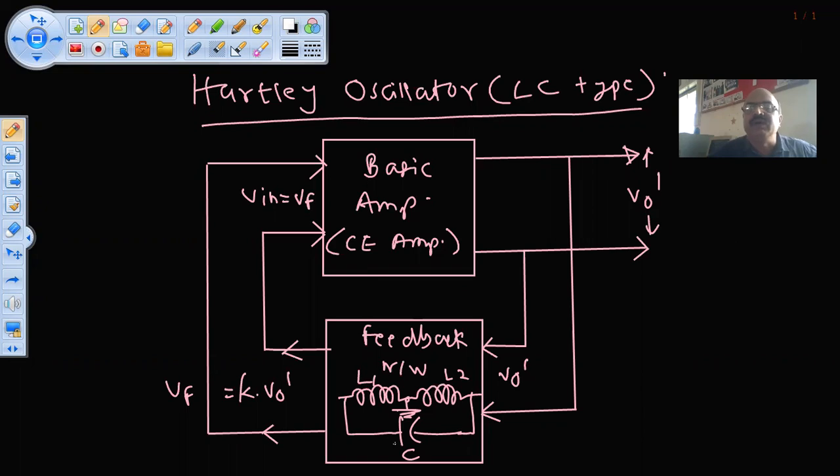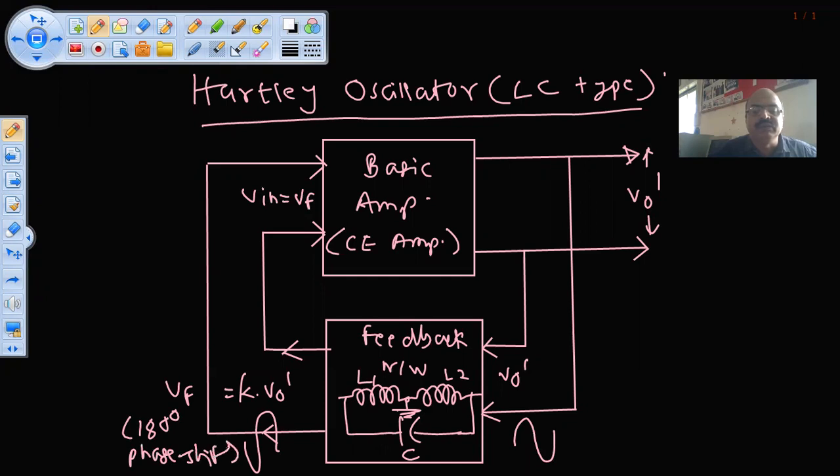So this feedback network not only feeds back the signal, but also phase shifts it by 180 degrees. So there is a 180 degrees phase shift. If this is the signal, then you get this type of signal at the feedback output. So this is very important.